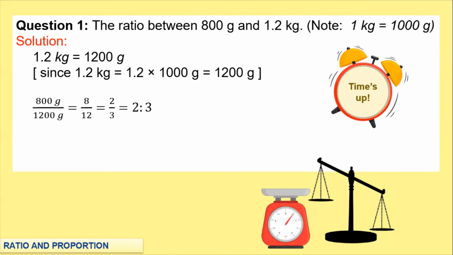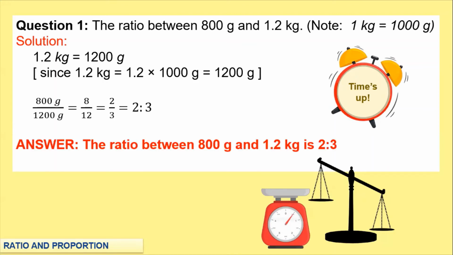For the solution and answer, 1.2 kilograms is equal to 1,200 grams by conversion. Make sure that the unit you're using in your ratio is the same unit. Here, we are using grams. So now 8 over 12 is equal to 2 over 3, or the ratio between 800 grams and 1.2 kilograms is 2 is to 3.